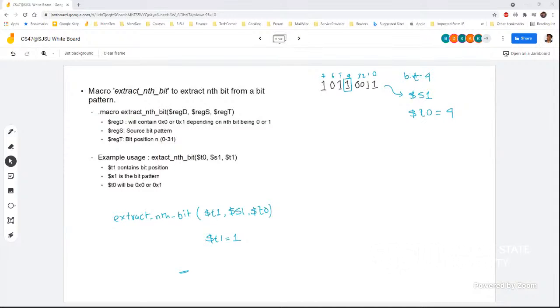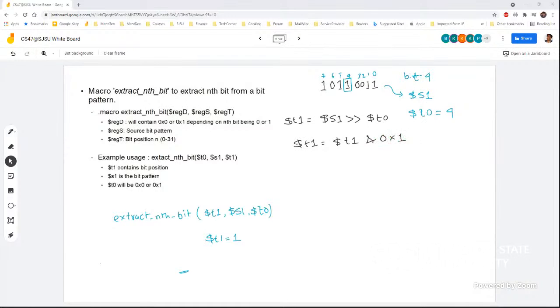What you want to do is left shift the bit pattern by the T0 amount, and then bitwise AND with 1.